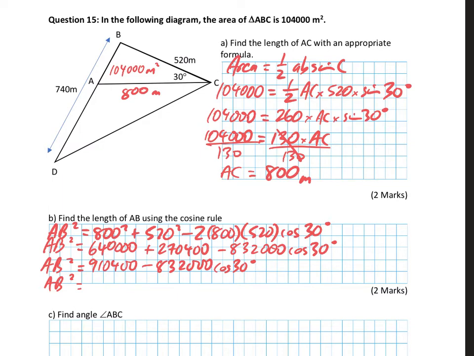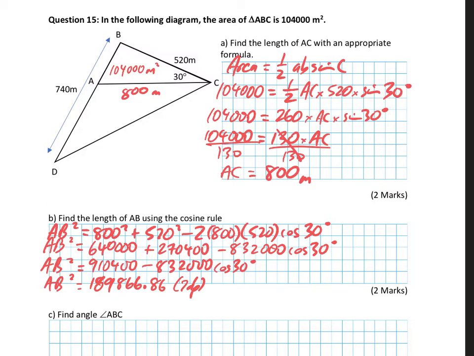So 910,400 is in my calculator. Take 832,000 cos 30 in brackets. We get 189,866.86 to 2 decimal points.